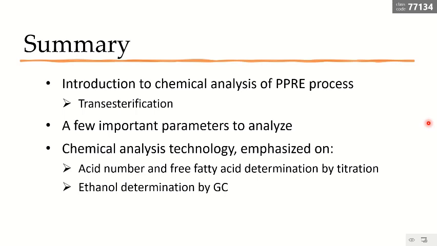And transesterification, I think this is the only place where we really explain how the reaction goes. Following that, we introduced a few important parameters to analyze. Just bear in mind, this is not the full panel of parameters we need to analyze. If you continue your career in this industry, I believe you will see much more.